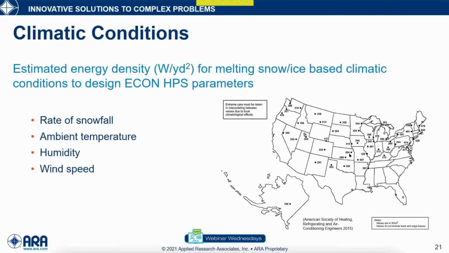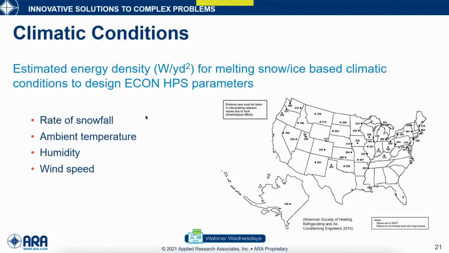Of course, there are many factors you can take into consideration, including, for example, the wind speed, how many inches of snow you get every year, and ambient temperature. You have to take all of that into consideration in order to come up with the energy density that you want for melting ice and snow.